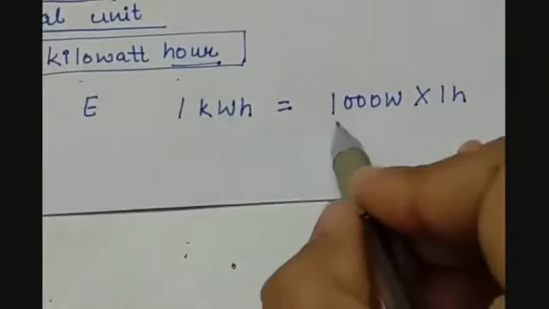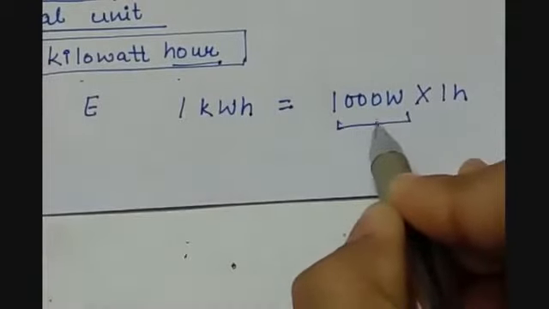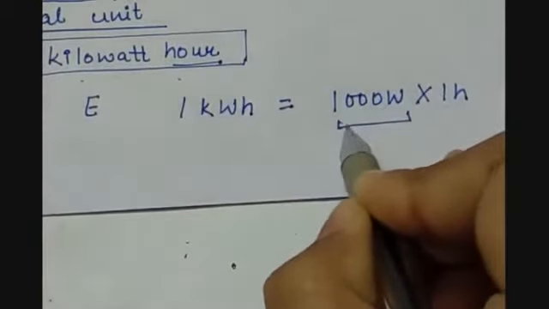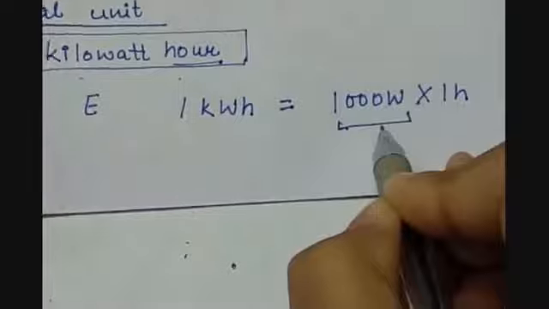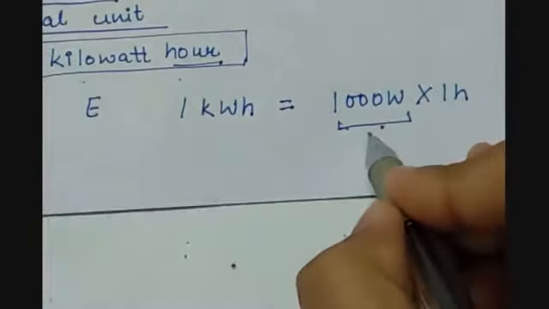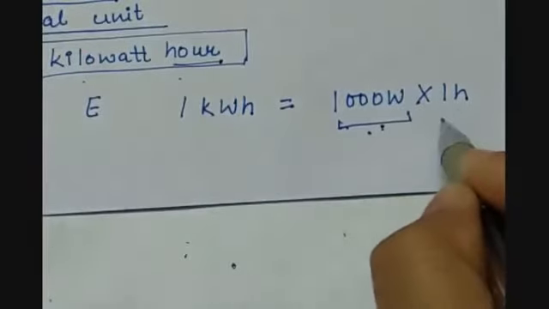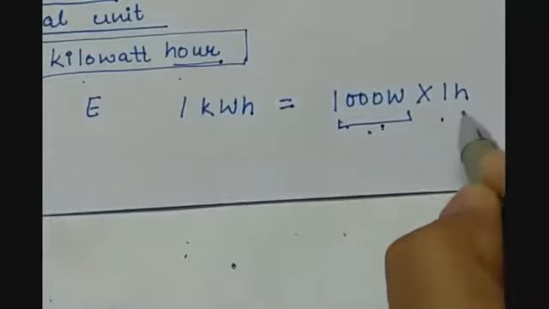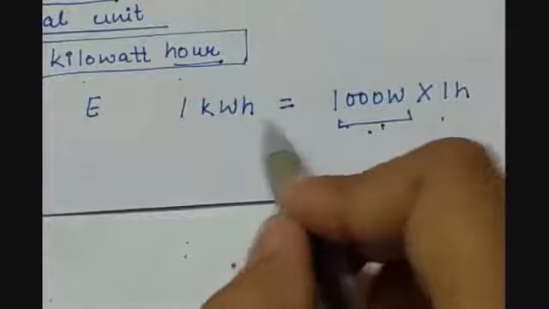So when 1000 watt, which is volt into ampere, the product of potential difference into current, rating of electrical appliances is used for 1 hour, then the electrical energy consumed will be 1 kilowatt hour.